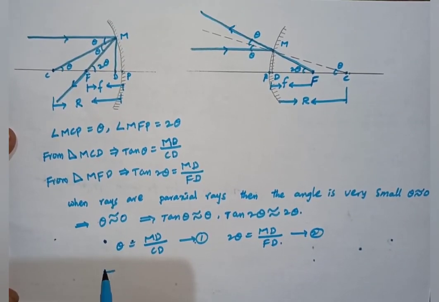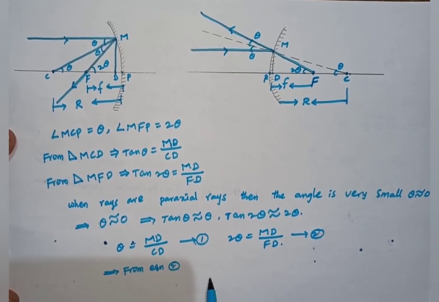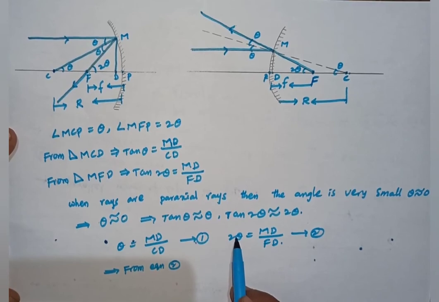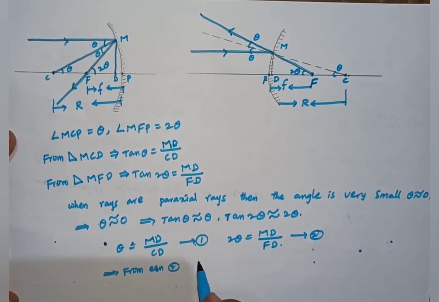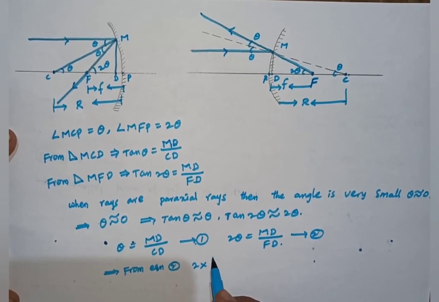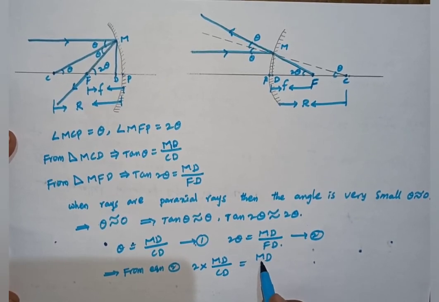From equation number 2, 2 into theta equals, and theta is MD by CD, so 2 into MD by CD equals MD by FD.